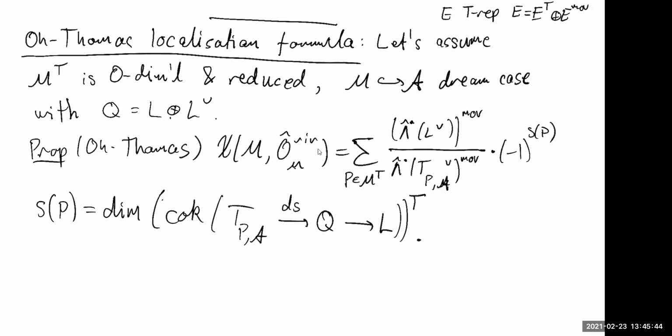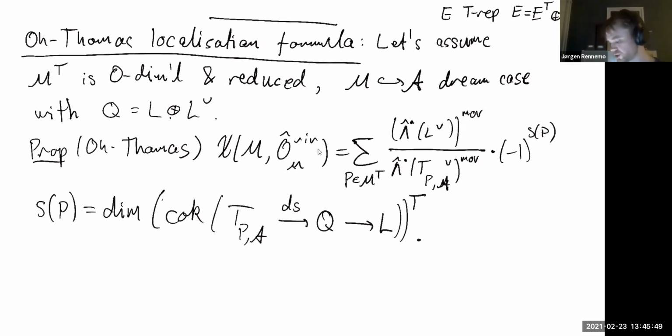Oh, sorry. Go ahead. I just wanted to say that, in order to understand what the contribution is at a fixed point, you really need some understanding of what the section was. This bare K-theoretic data of L dual and the tangent space isn't enough to tell you what the contribution is.